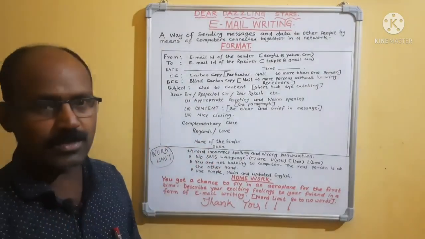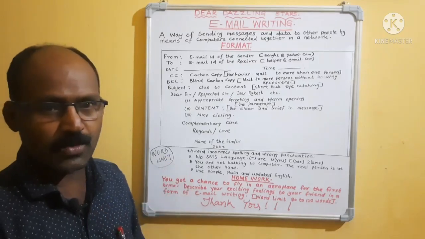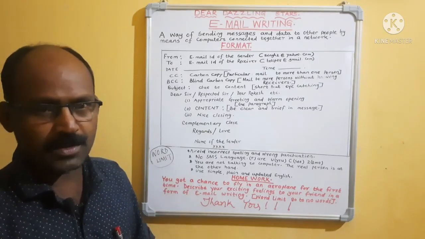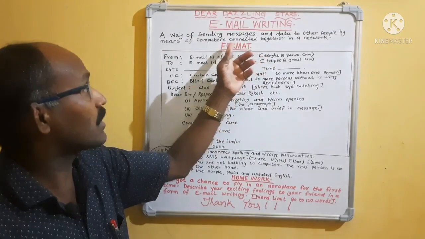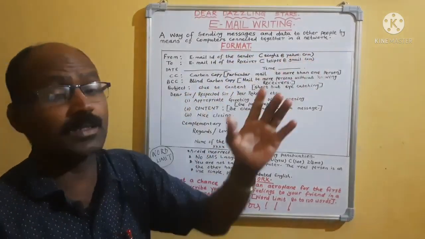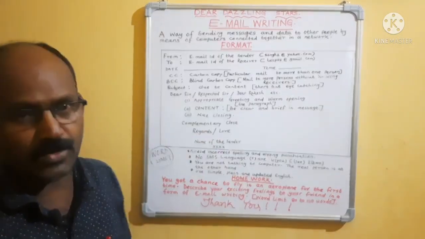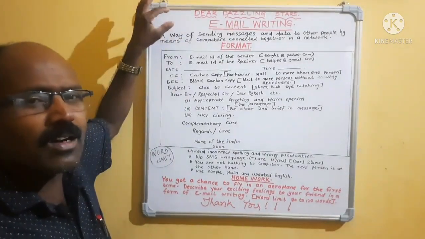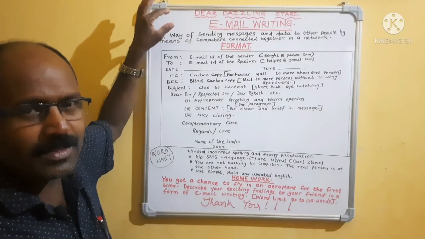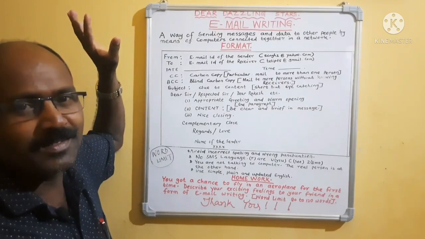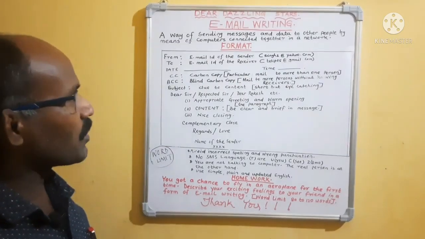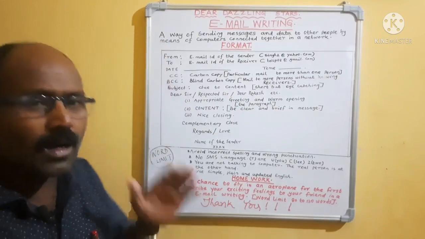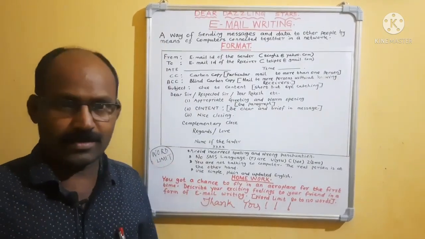That means a computer, mobile, or laptop is required with a good connection, connected together within a network. A network is required. Okay, that means you can say it is a paperless mail, that means without paper.